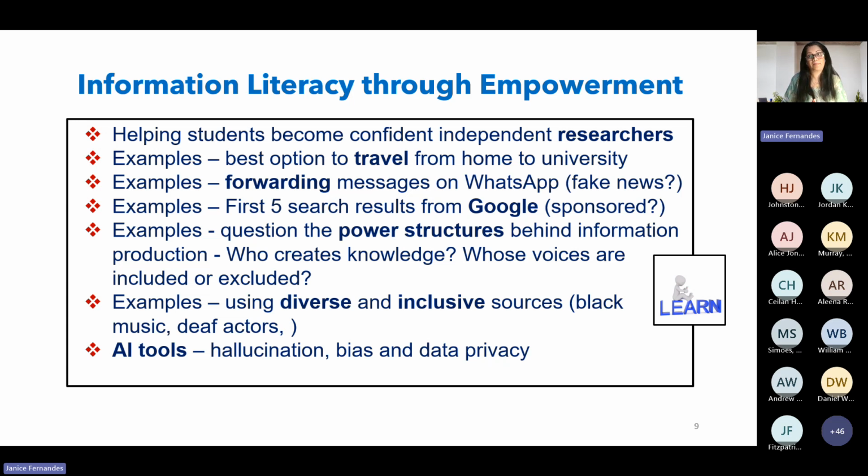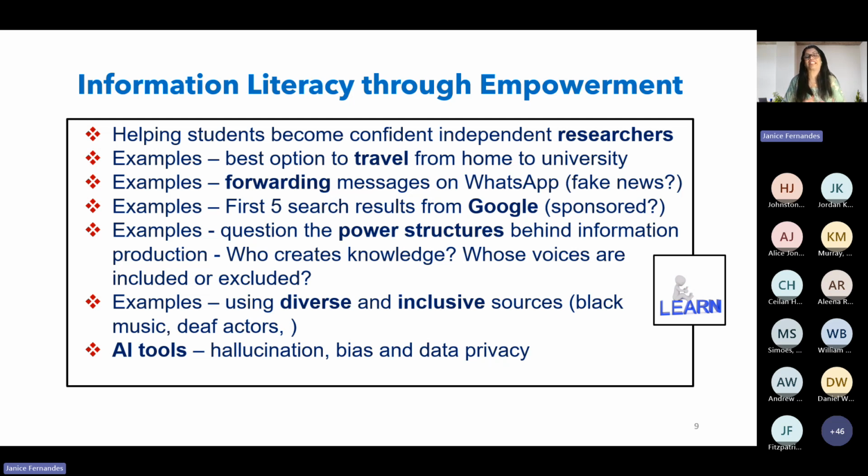I also explain fake news in terms of forwards on social media, and speak about very powerful information-related domains in an information society, things like questioning the power structures behind information production, who is creating the knowledge, whose voices are included or excluded.